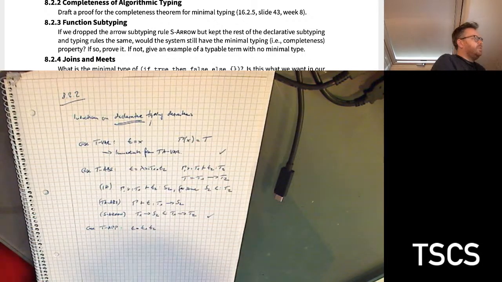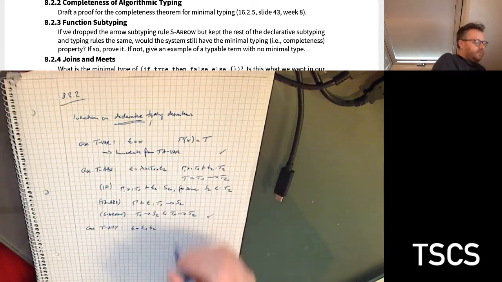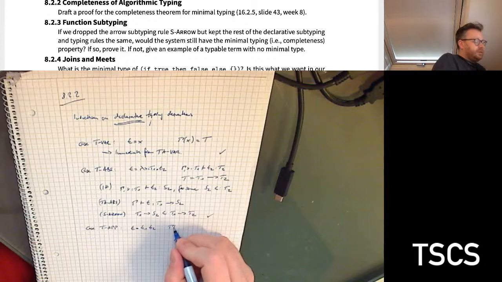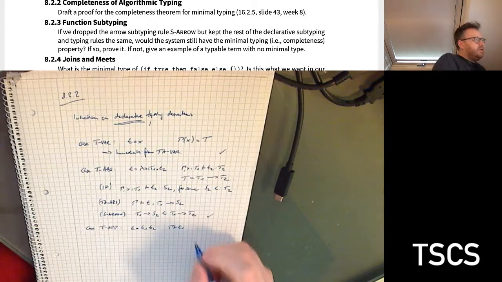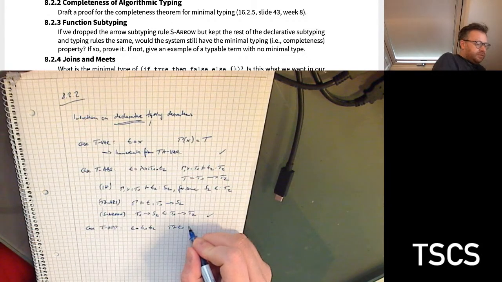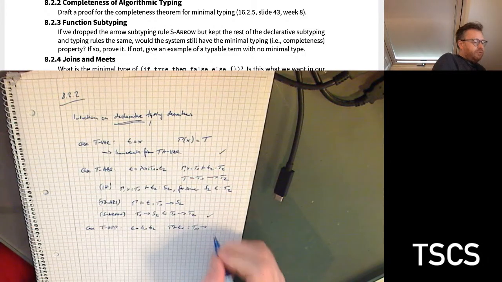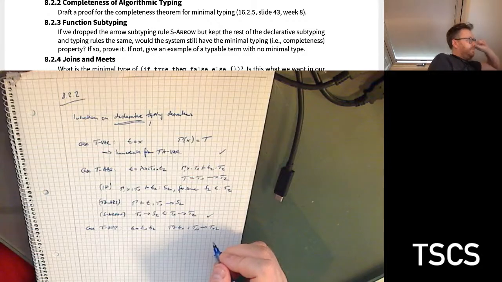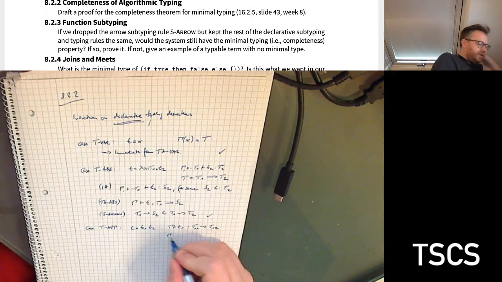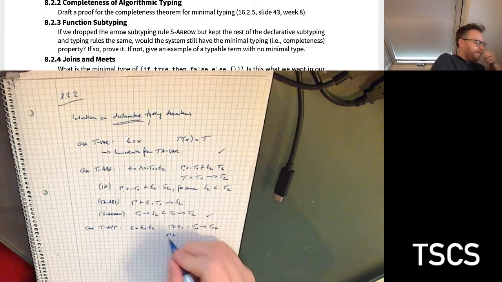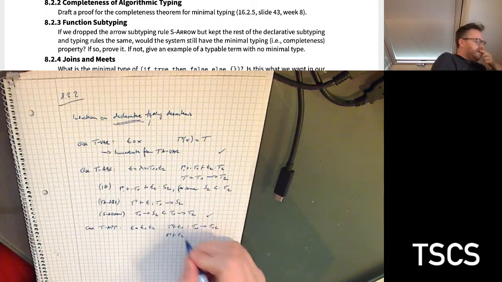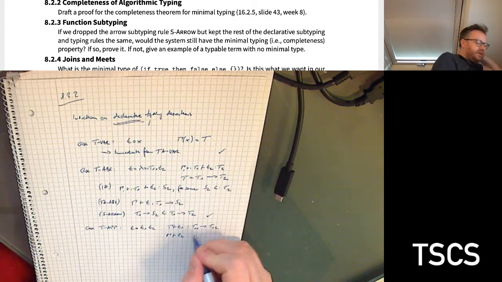We can just decompose. From the premises, we know that under the assumptions of gamma, t1 is a well-typed term which has a function type going from t11 to t12. What we also know is that under the assumptions of gamma, t2 must be of that input type t11.